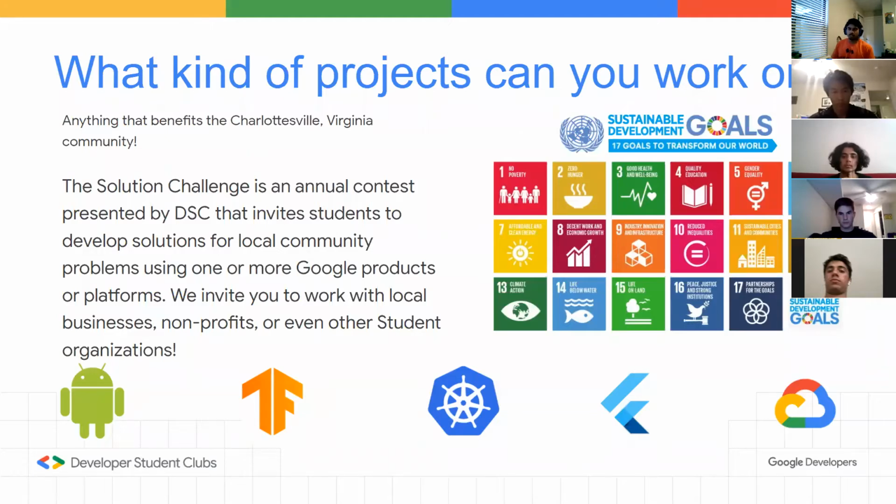So it could be a simple solution, but something that's potentially impactful. With that, a few of the goals that we addressed were mainly just zero hunger. Your main goal is to tackle at least one. And in the process, we also used one Google technology, and that was Firebase.